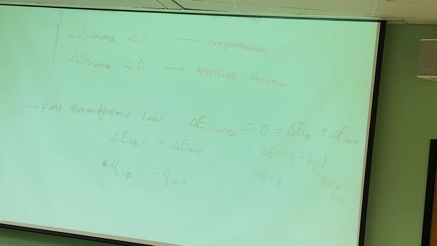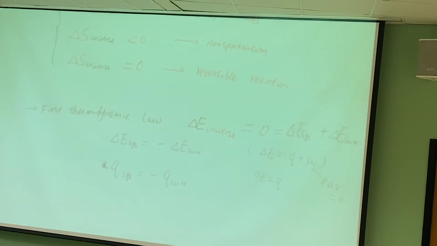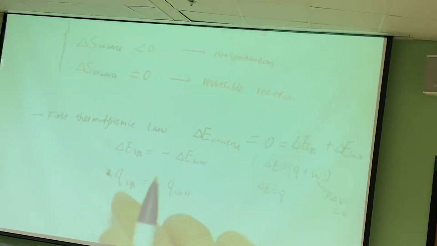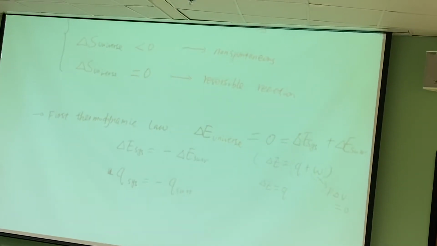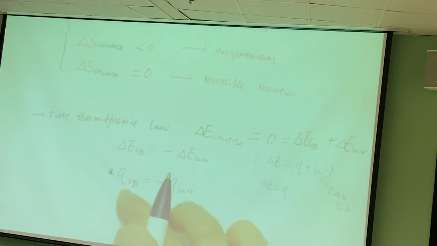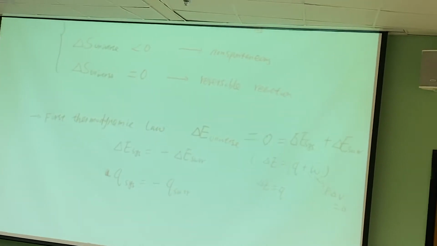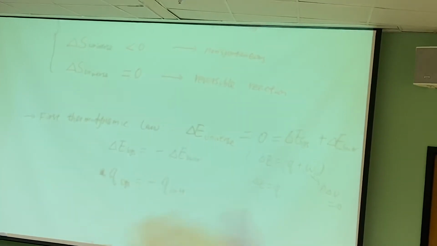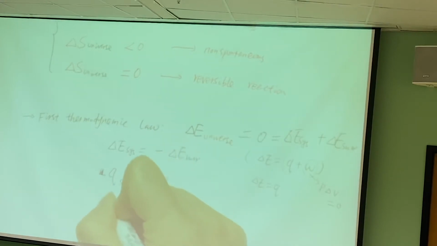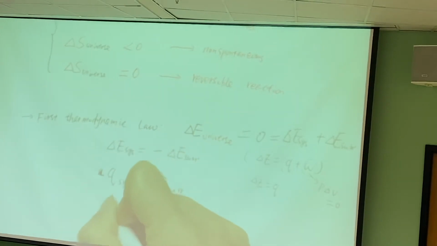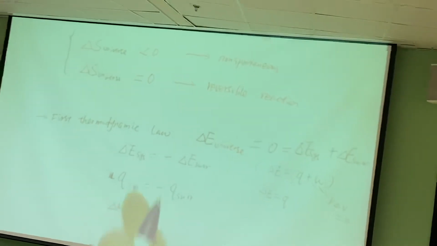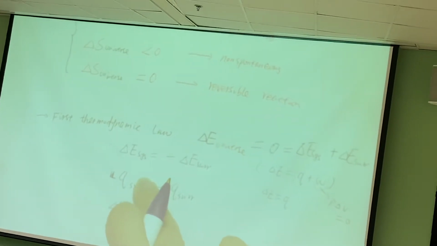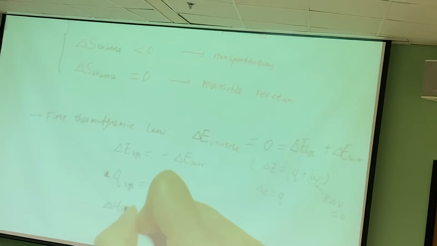Okay, so we already know that. And further, in most of our situations, we only deal with heat, and the heat all comes from energy change. So that means your delta H equals your Q. The enthalpy change equals your heat change for the system.